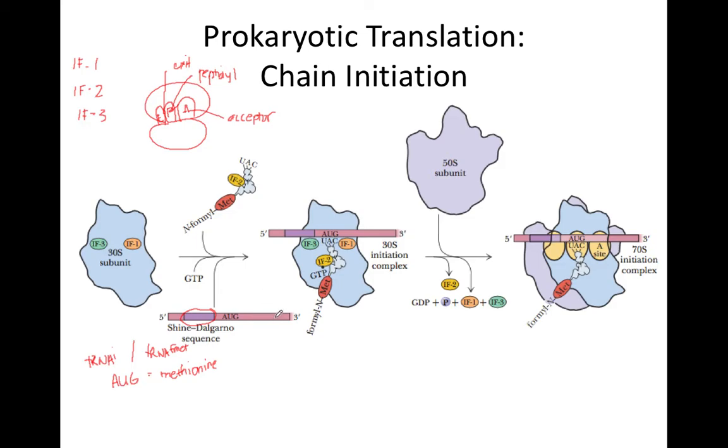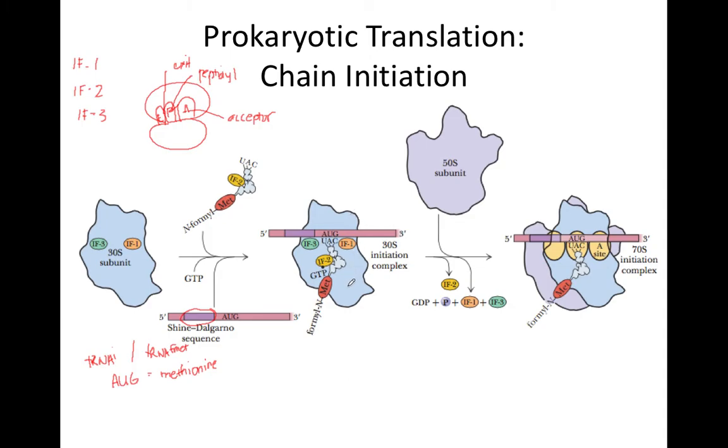The Shine-Dalgarno sequence is conserved across prokaryotes, and it is important in positioning the mRNA. So once your mRNA is on the 30S subunit, your initiator tRNA binds to it. This will correspond to the P site in the 50S subunit. So altogether, you now have your 30S initiation complex.